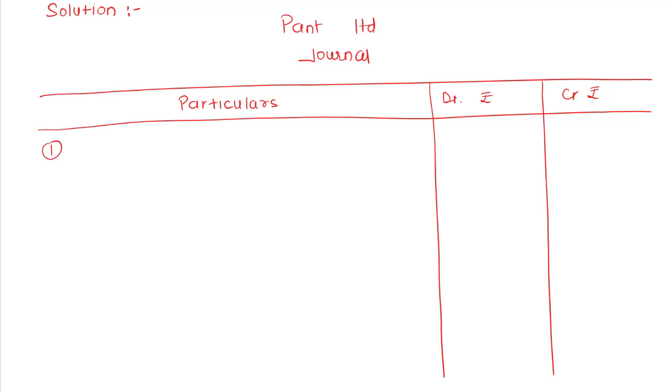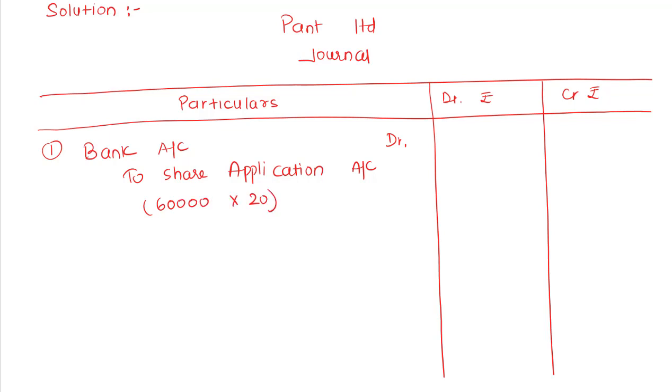First entry: bank account debit to share application account. Application received for 60,000 shares and application money is 20 rupees per share, 12 lakhs.